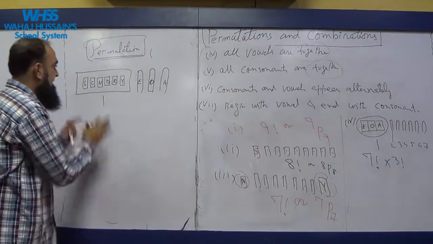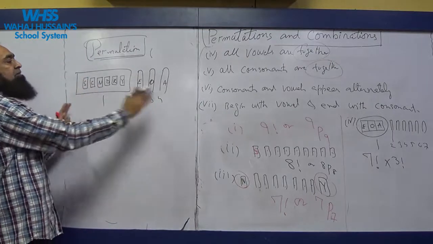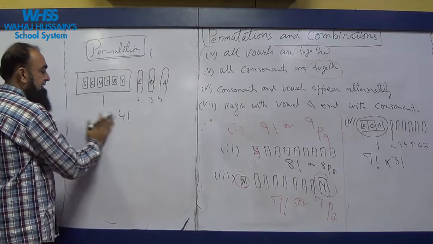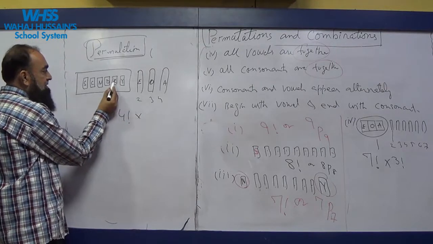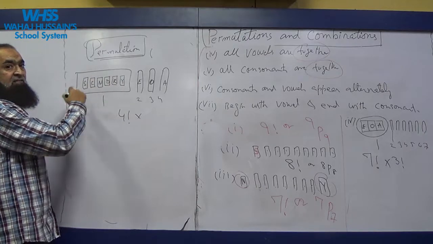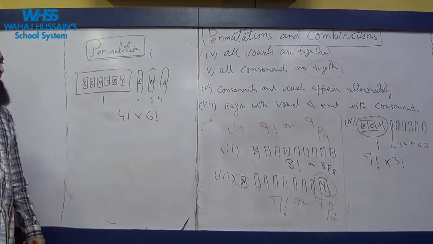In any order again. First count this: 1, 2, 3, 4. Externally we have 4 blocks, so 4 factorial. And then internally, how many? 1, 2, 3, 4, 5, 6. They can arrange themselves in 6 factorial, so we have to multiply by 6 factorial.